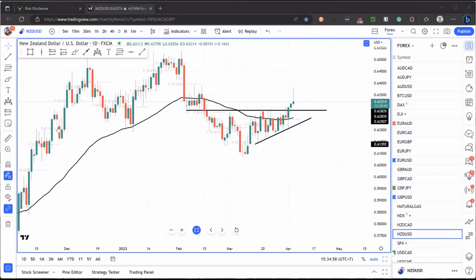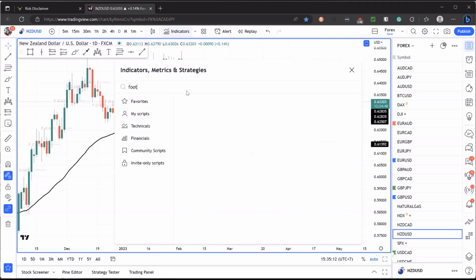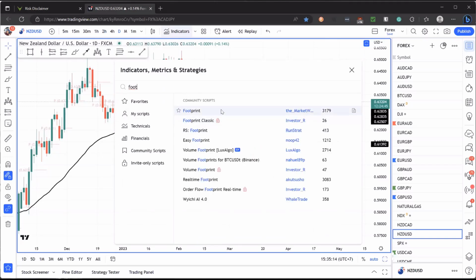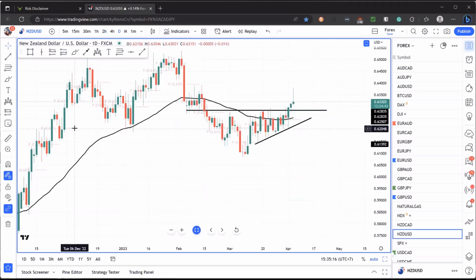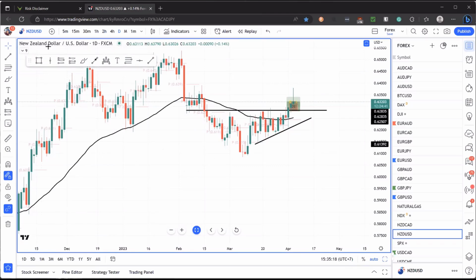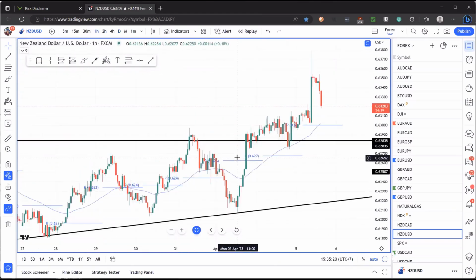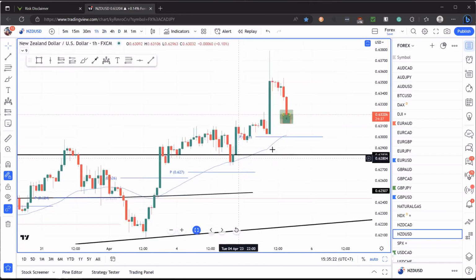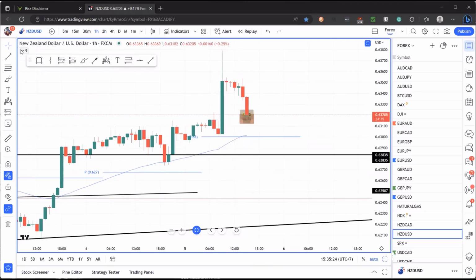Footprint, no, I don't think so. I've never spent a lot of time with footprint charts. Maybe an indicator. Yeah, I don't think this makes too much sense.